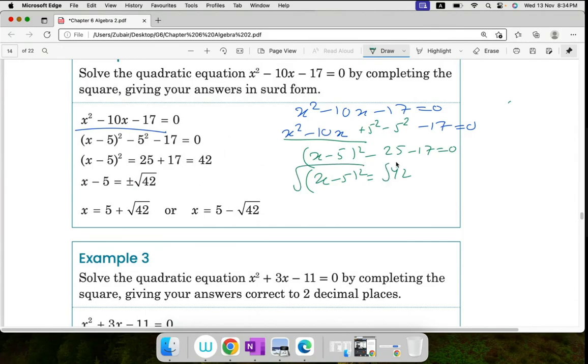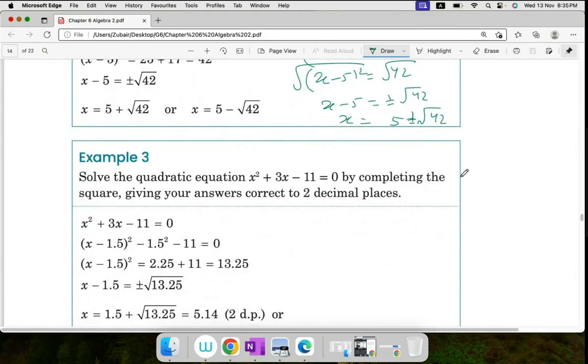Square root both sides. So x minus 5 equals plus or minus square root 42. x equals 5 plus or minus square root 42. The demand of the question was to keep it in surd form, that is why I kept it in this form, or we would use our calculator to give answers up to the required degree of accuracy. This form is also acceptable. We can write it separately, 5 plus square root 42 and 5 minus square root 42.